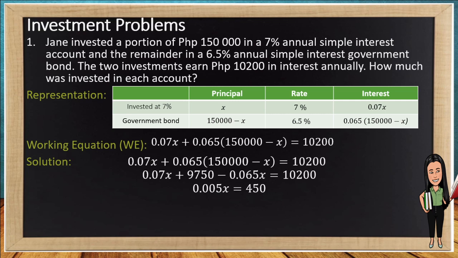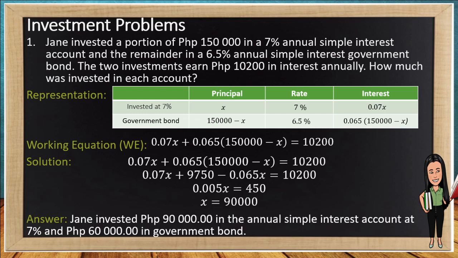Divide both sides by 0.005. Answer is 90,000. 90,000 is the principal amount of the account invested at 7%, and the other one is 150,000 minus 90,000, which is 60,000.